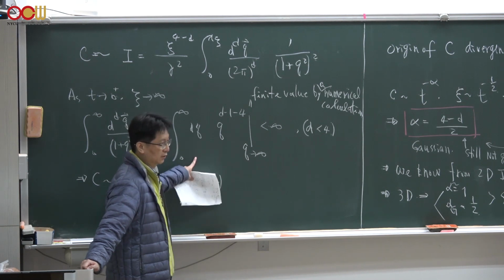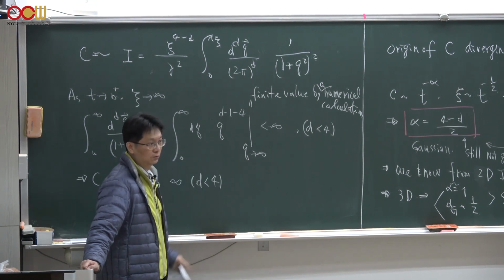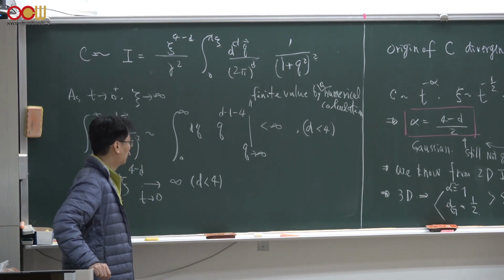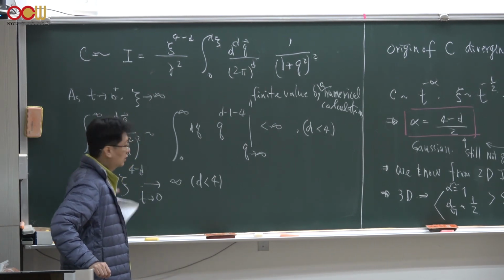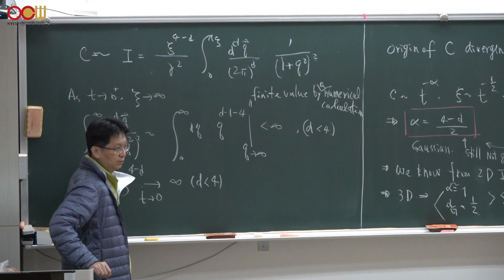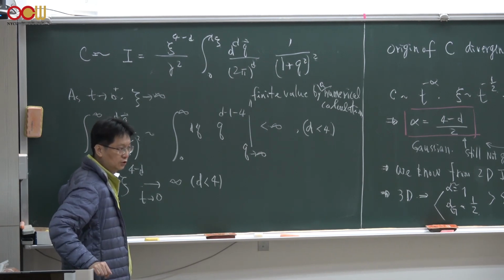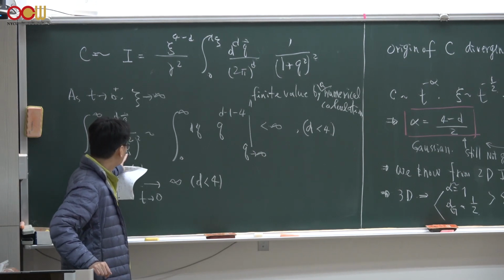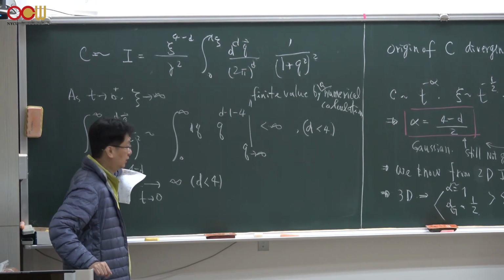This integral converges when the dimensionality d is below 4, the upper critical dimension. When q goes to 0, the function 1 plus q squared remains finite, which is 1, so that limit will not lead to a divergence. The only place where this integral could diverge is when q goes to infinity.